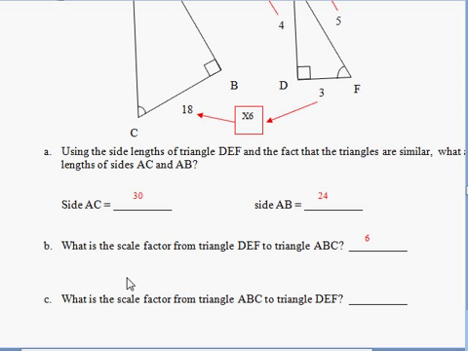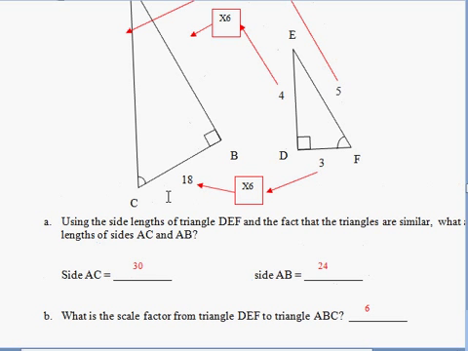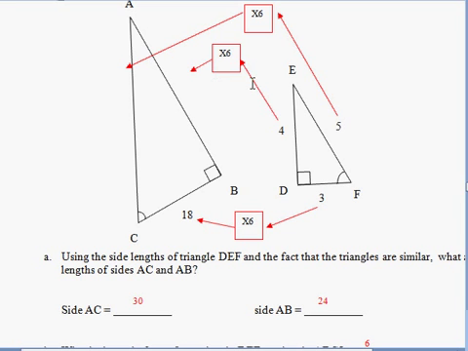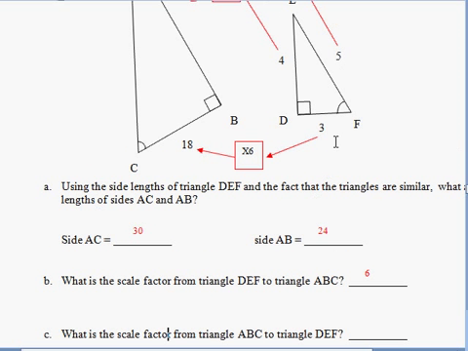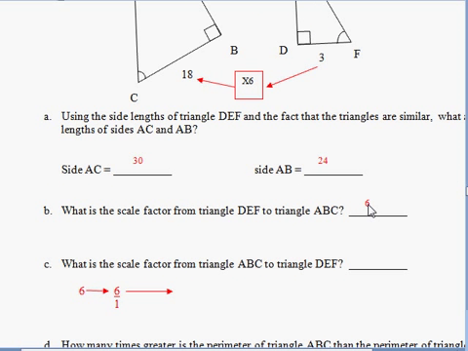What is the scale factor from triangle ABC to DEF? Now you're going from large to small, so we're reversing directions. All you need to do is take the reciprocal of the scale factor from the small to the large. 6, which I've written right here, is the same thing as 6 over 1.